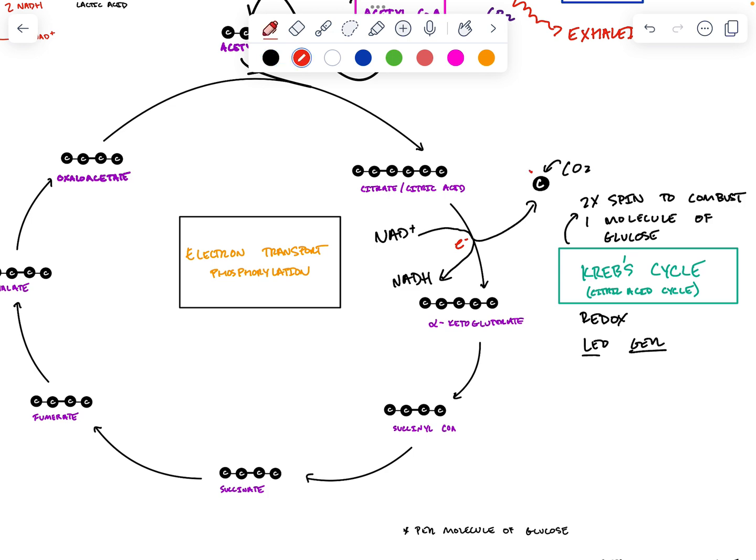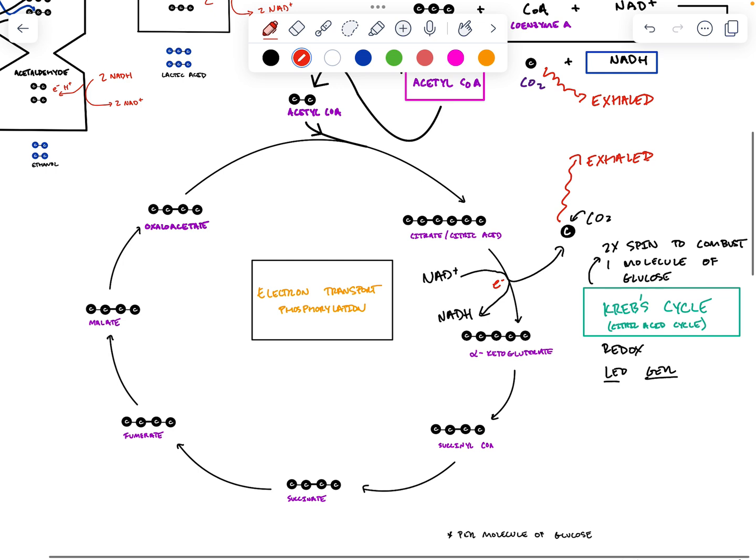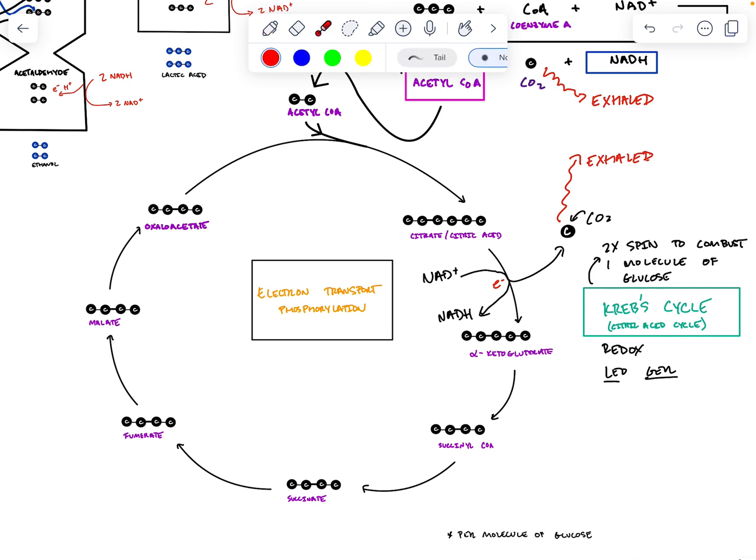Just like the CO2 molecule that we created in the prep steps, this CO2 molecule will eventually be exhaled. So on your next breath out, you can think, maybe that molecule of CO2 was created as I changed citrate into alpha-ketoglutarate. Okay, so we stripped a high energy electron away from citrate. We created a molecule of CO2, and now we have a new 5-carbon compound called alpha-ketoglutarate.